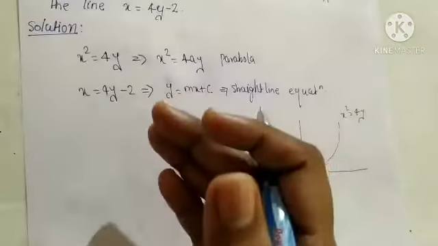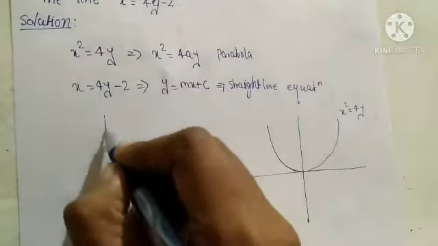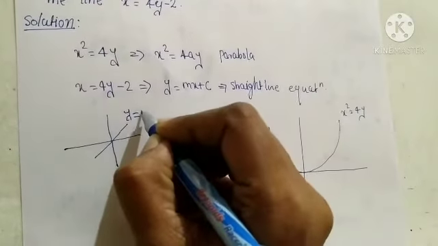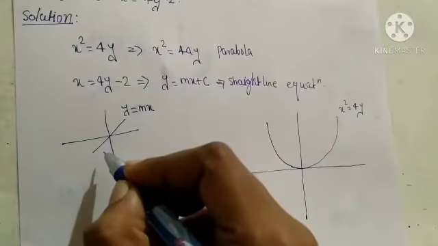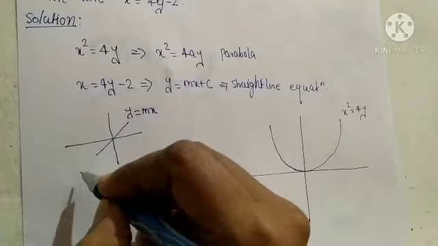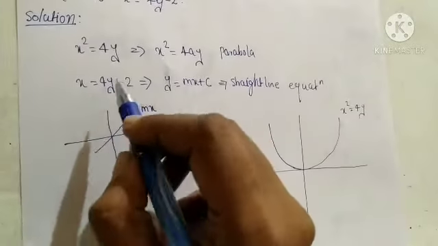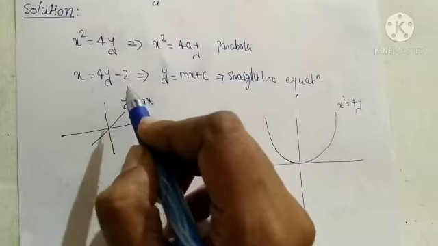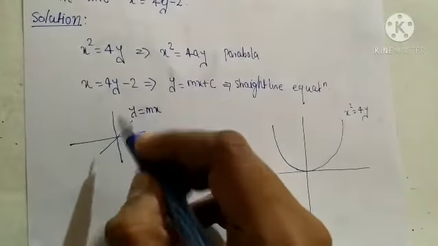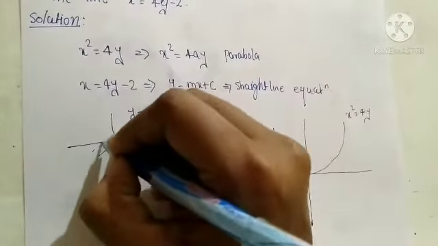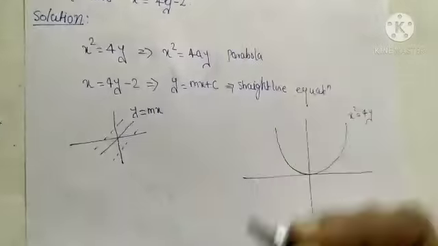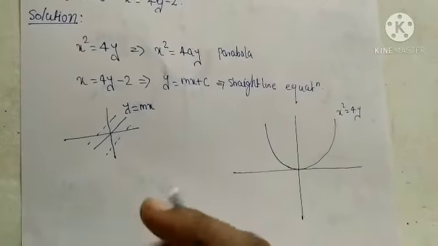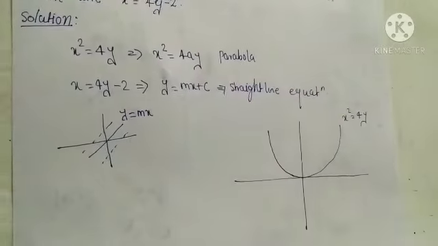From this we can say that the straight line is not like this, because a line y equal to mx always moves through the origin, but here there is an intercept, so the straight line is shifted to either this way or this way. So we need to find the points at which the straight line moves through the parabola.